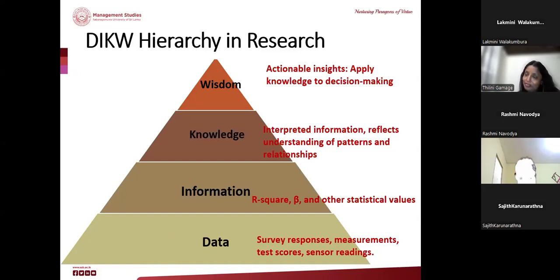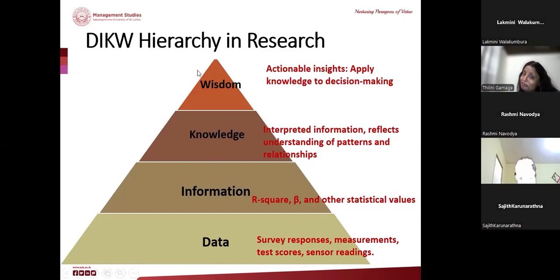Of course, validity and reliability matter a lot when you're collecting data. That is true. But once you collect the data, even deriving information from data will not be that difficult. You can use software, you can get the help of a statistician or other people who are specialized in analysis, you can get their advice and you can derive information.